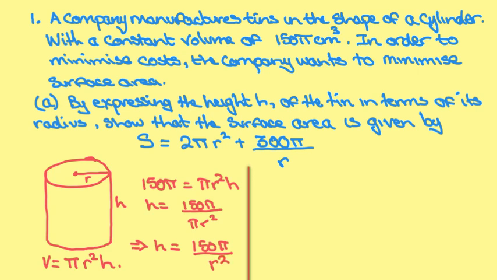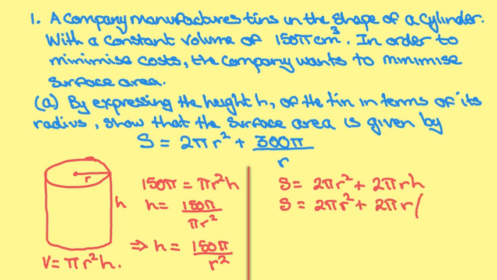The formula for surface area is equal to 2 pi r squared plus 2 pi r h. We know what h is, therefore S is equal to 2 pi r squared plus 2 pi r times 150 over r squared.